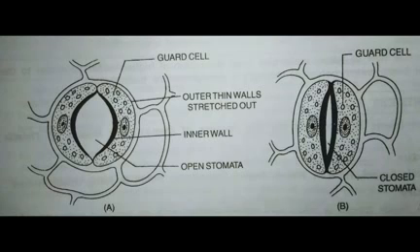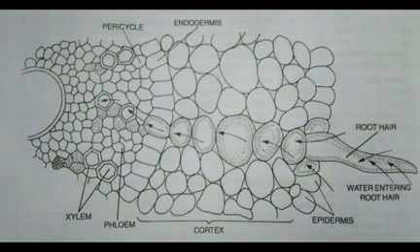The absorption of water mainly takes place at the terminal ends of the root, but maximum occurs in the area of root hairs. A root hair contains cell sap which has a higher concentration of salts as compared to the soil water.